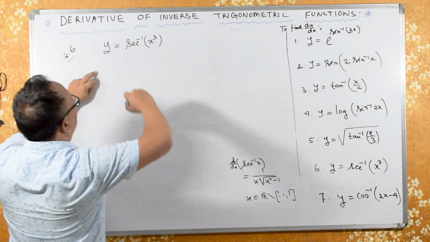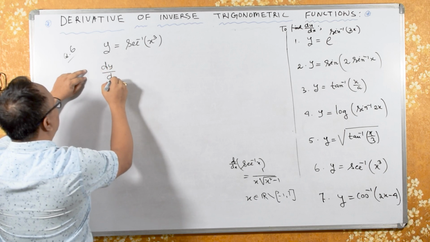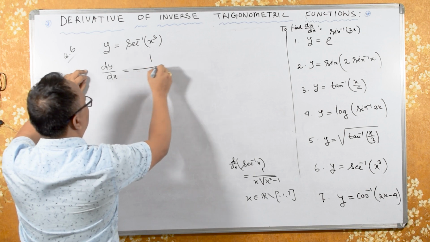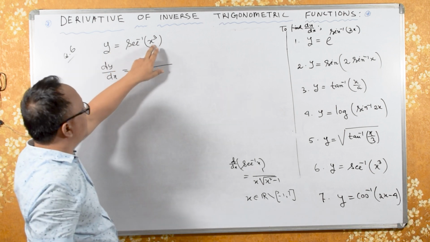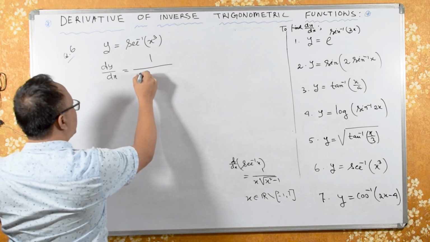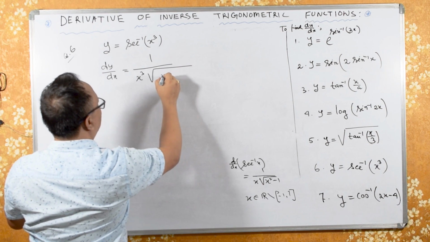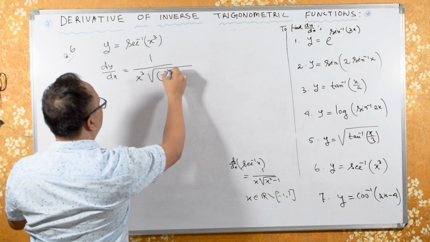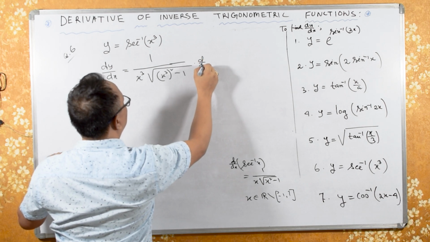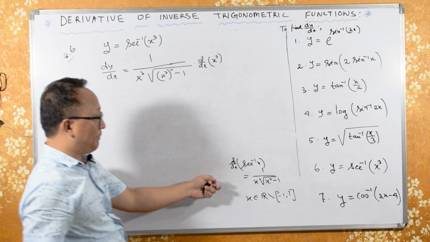Therefore differentiating, dy upon dx is equals to 1 upon, here you consider instead of x we have x cube, square root of x cube whole square minus 1 into d by dx of x cube. Just I am applying this formula.